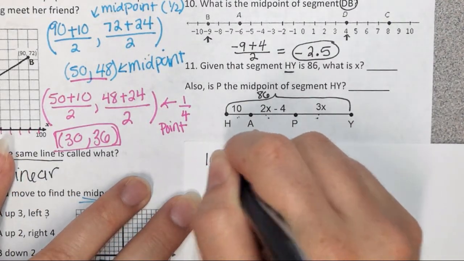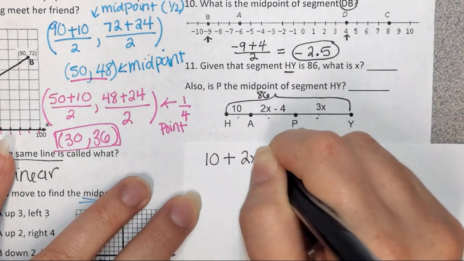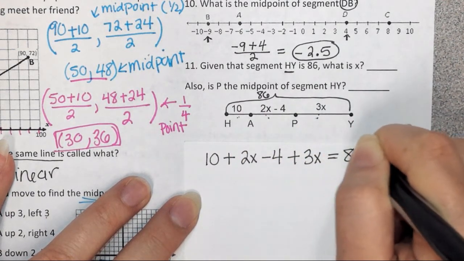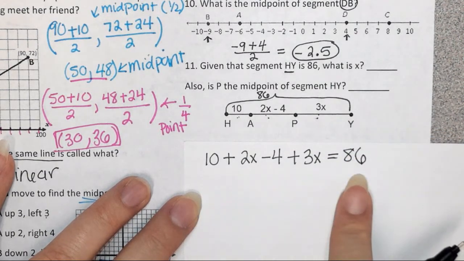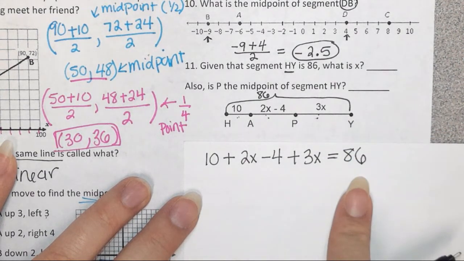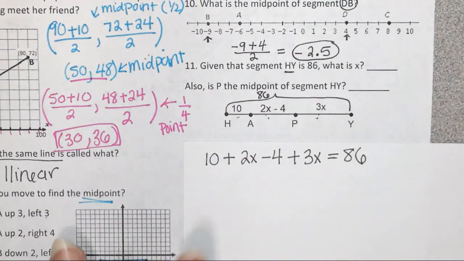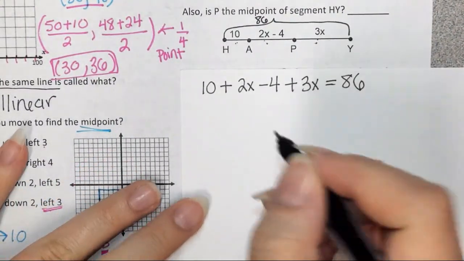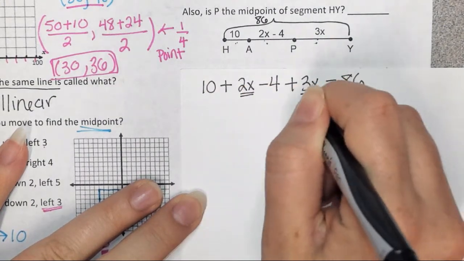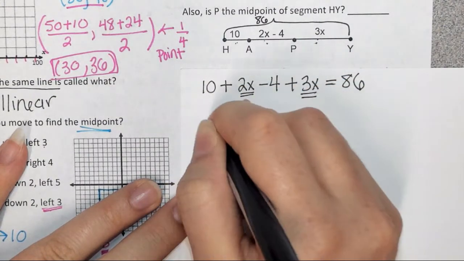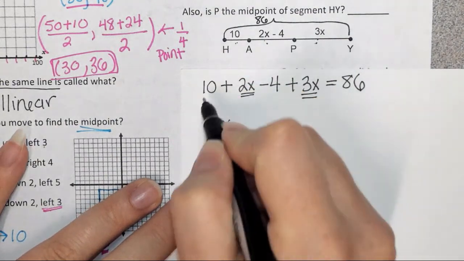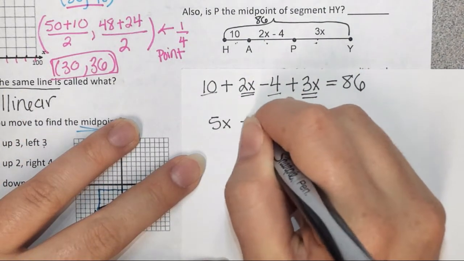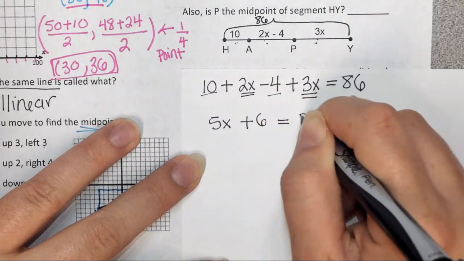So that's exactly what I'm going to write algebraically. Add those things together, and they equal 86. From this point on, it's just like Algebra 1 again. So I'm going to combine my x terms. 2 plus 3 gives me 5x. 10 minus 4 gives me 6.